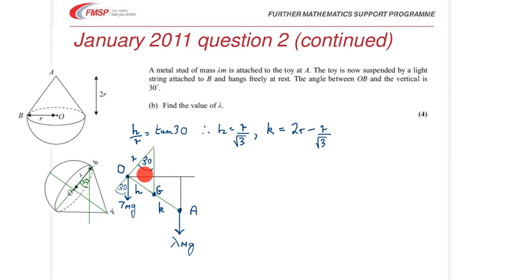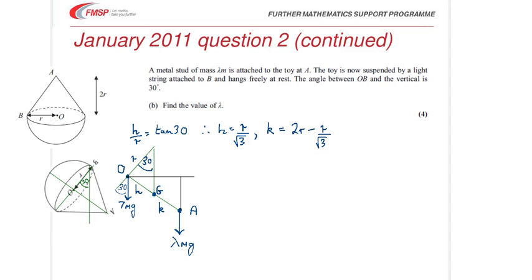And those distances are in the same ratio as h to k by similar triangles. From the trigonometry, h over r is tan 30, so h is r over root 3, and k, because the whole distance OA is 2r, is 2r minus r over root 3.